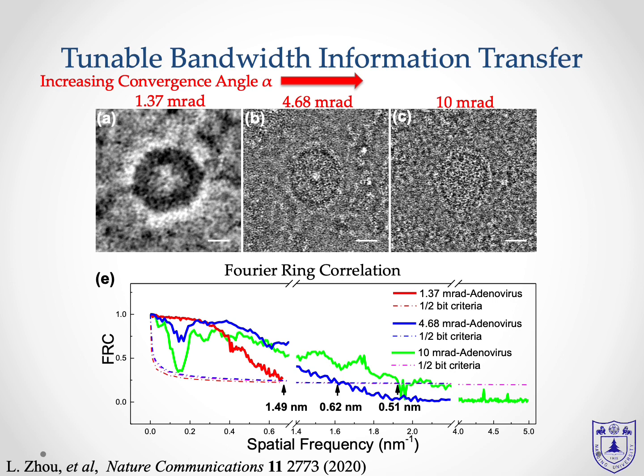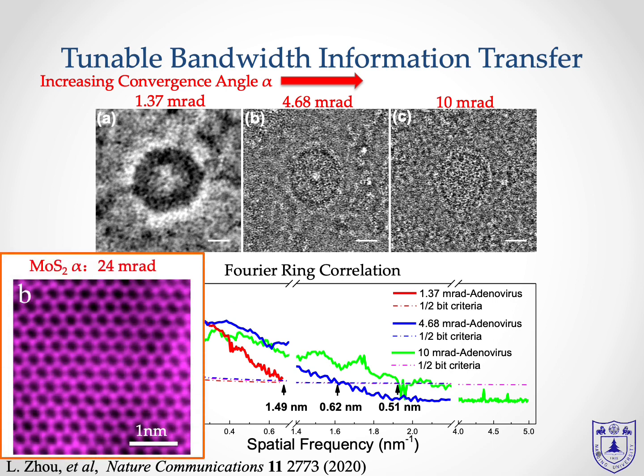The result shows that the resolution increases as the converging angle increases. Recall that when we use a converging angle of 24 milliradian, we are able to achieve atomic resolution with a molybdenum sulfide sample.